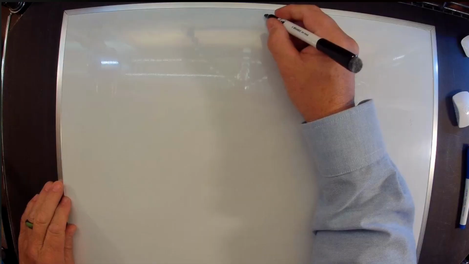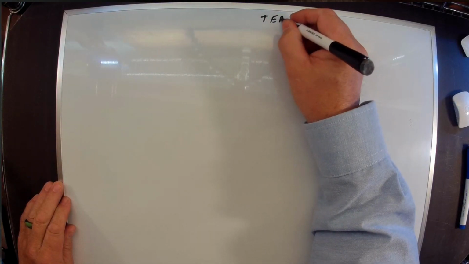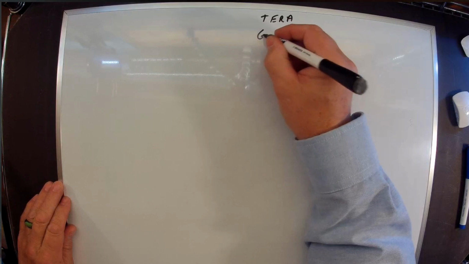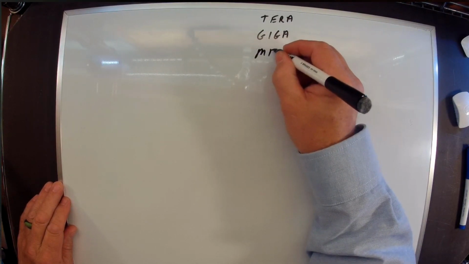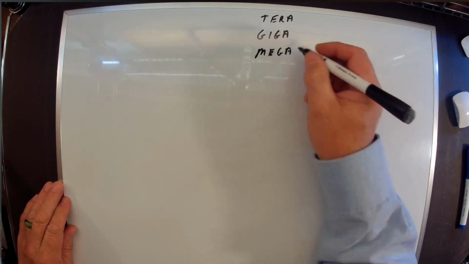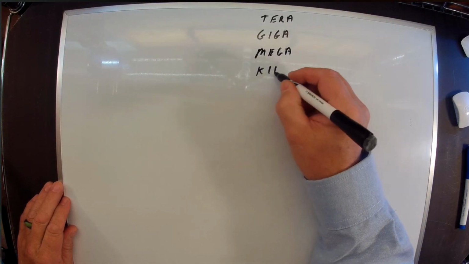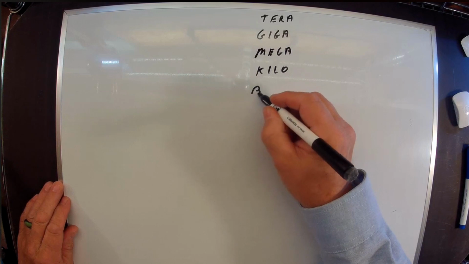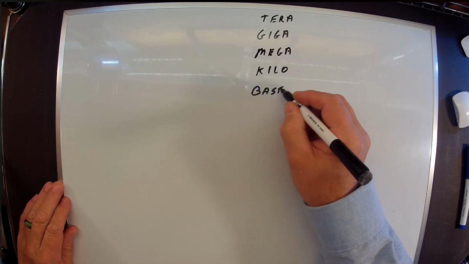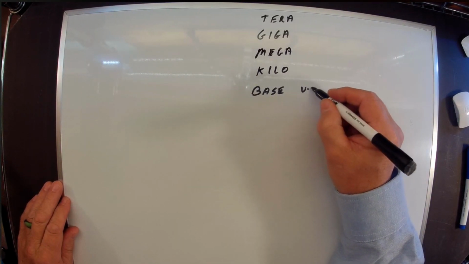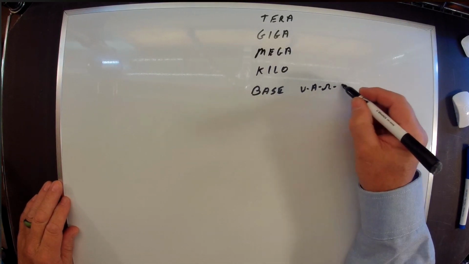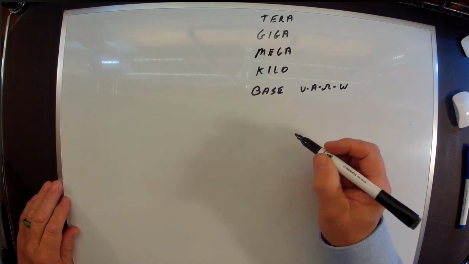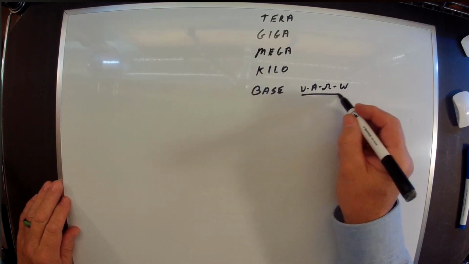So first of all, to get us started, we're going to start out with tera, giga, mega, kilo, and then the base. And the base could be volts, amps, ohms, watts.